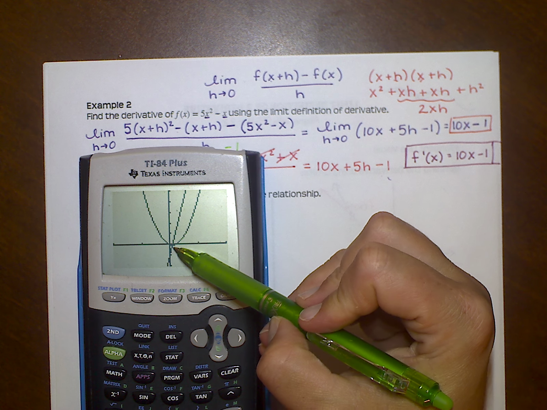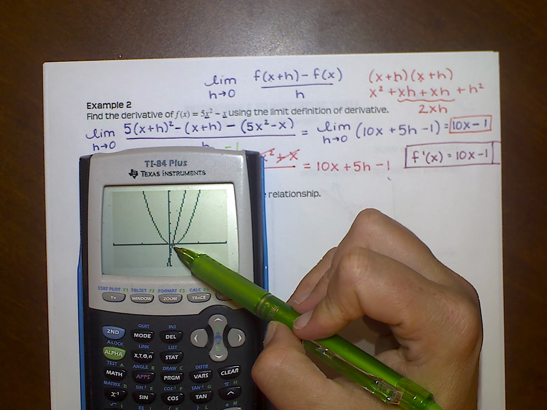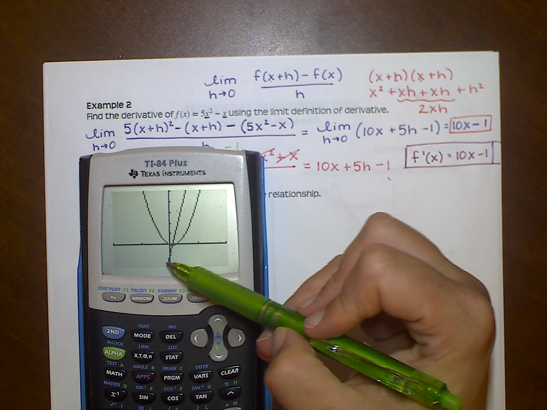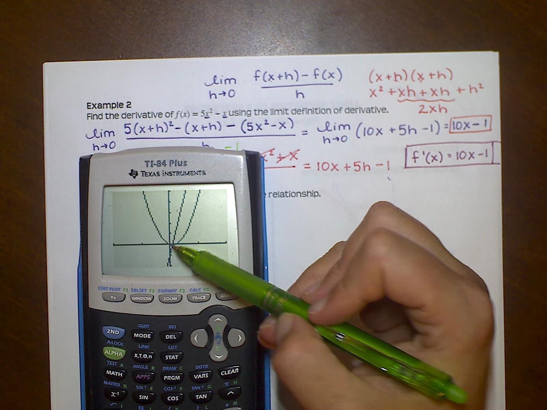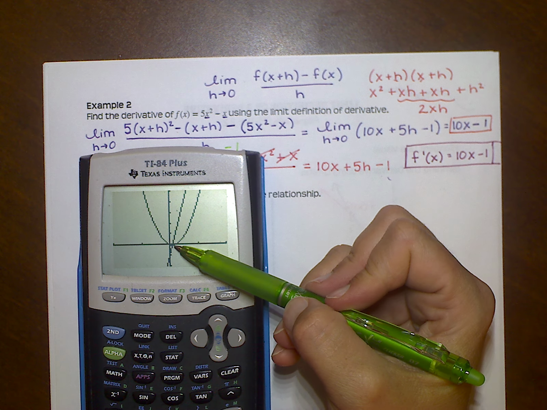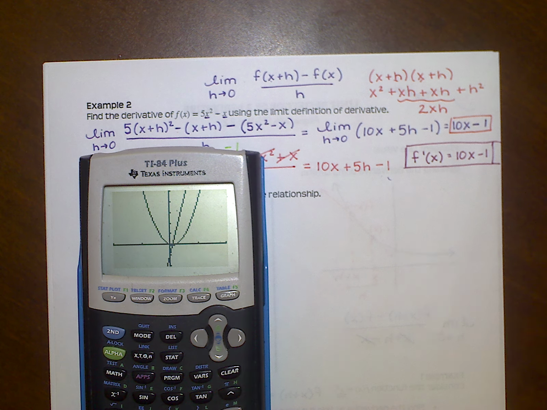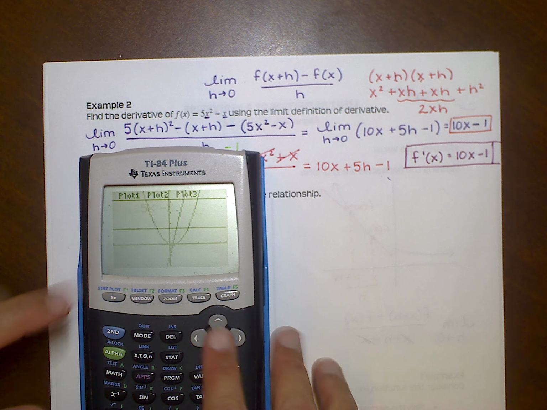Yes. Okay. See my vertex of my parabola right there? It is hard to see because it's just barely under the line. But you'll notice that this line crosses the x-axis right at the lowest point of that parabola. If I were to go find that vertex, that's exactly where my line is crossing. And that's because that's the place where my derivative is equal to 0.